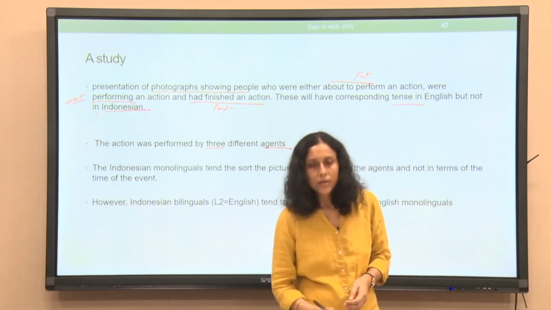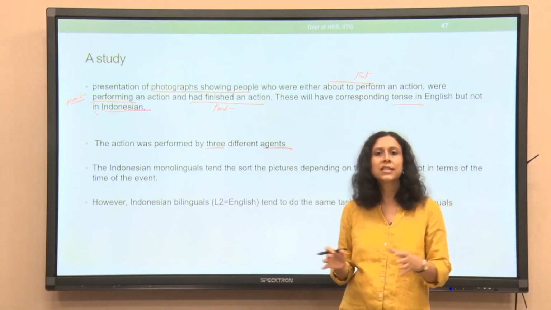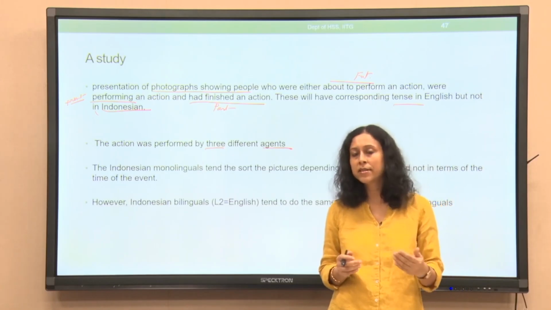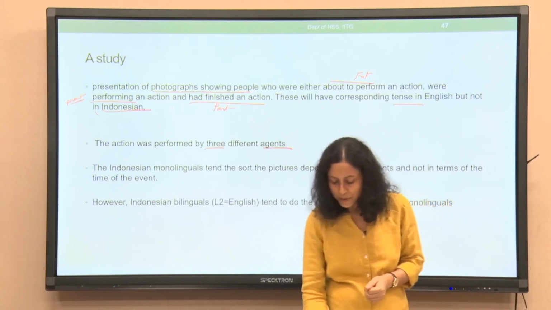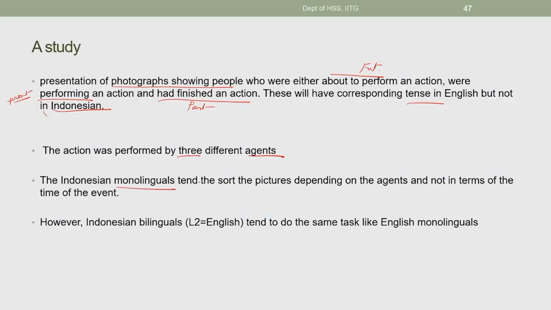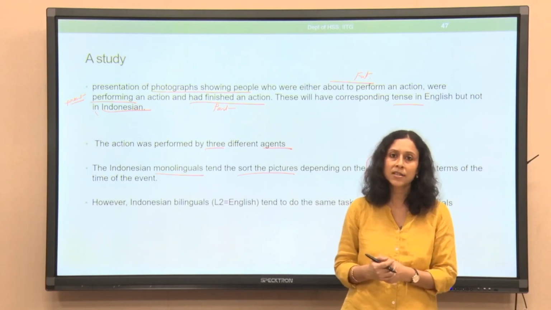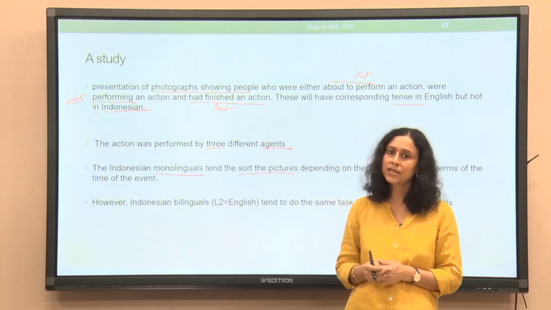Now, the task that was told to the subjects was to put similar pictures together. Remember, there are 3 possibilities in terms of tense and 3 possibilities in terms of agents. Indonesian monolinguals more often than not tended to sort the pictures depending on the agents. So, if one agent is wearing green, another blue and another yellow, the sorting of the cards depended on the football jersey the person was wearing.